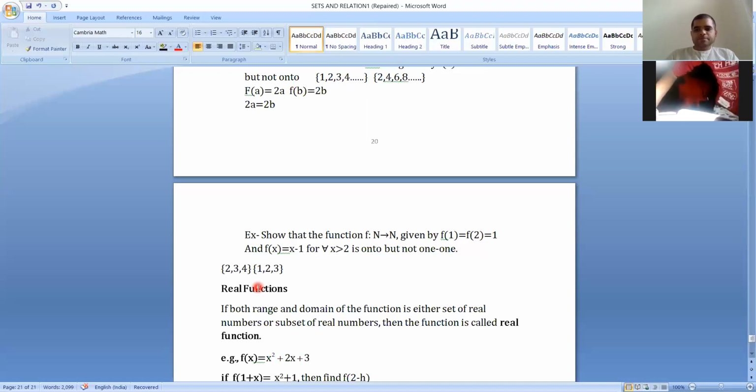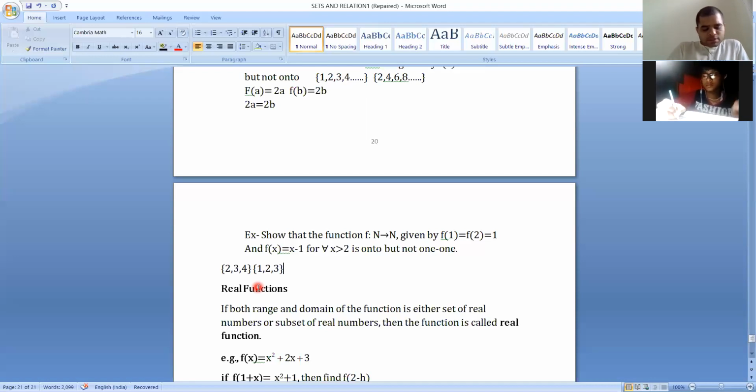Yes, Prabhu, 3 has 2 images. And how many images does 4 have? 4 also has 3 images. So it cannot be a function because it should have only one image. So first one is not a function.